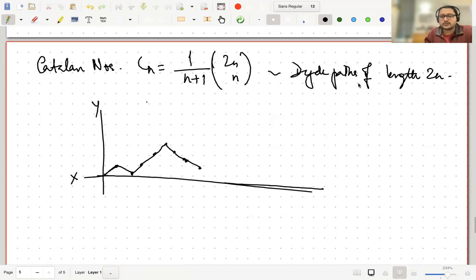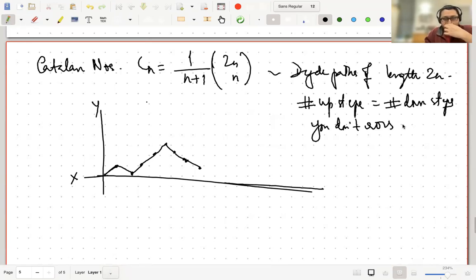Dyck paths have this criterion that the number of up steps is equal to the number of down steps, and you don't cross the x-axis. So that means this path is not allowed, okay? You can just touch the x-axis and then you have to again go up and down until you reach this position, which is (2n, 0).